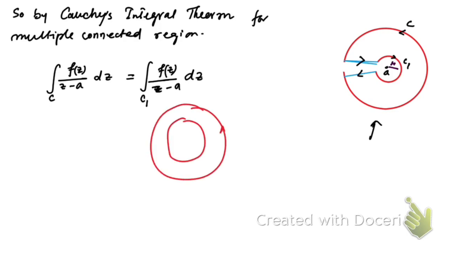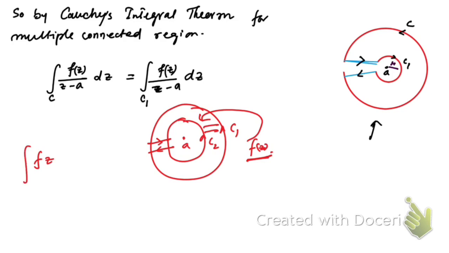We considered these two curves C1 and C2, and we used a cut to make the multiply connected region a simply connected region, and this is a point A. In that case, we got this according to that theorem: if there is a function f of z which is analytic within the region bounded by these two, then the integration of f of z dz along C1 is equal to the integration of f of z dz along C2.